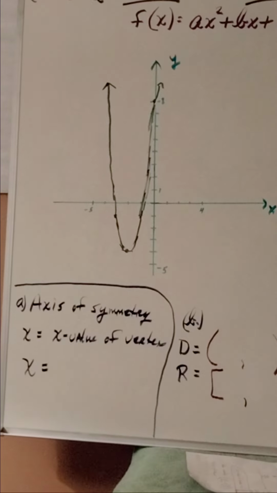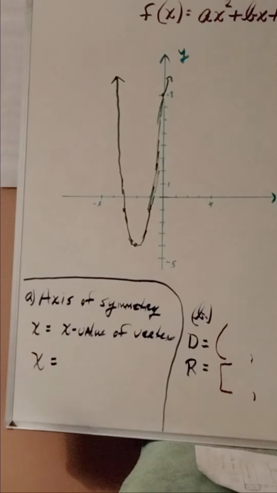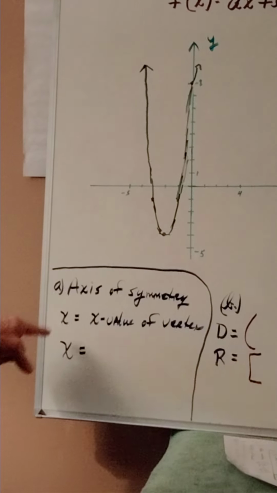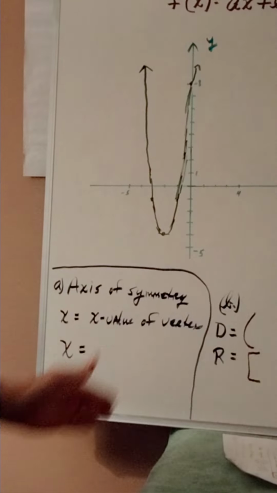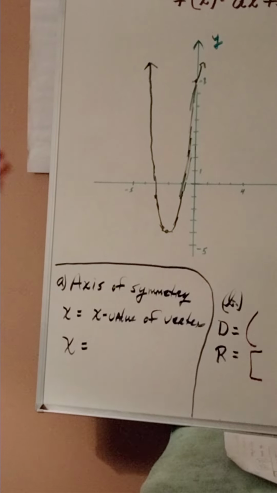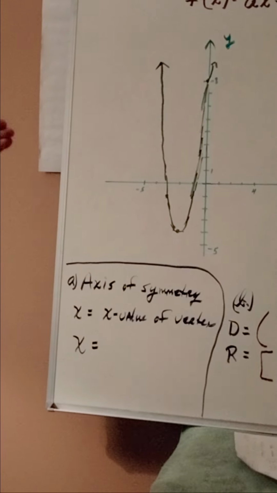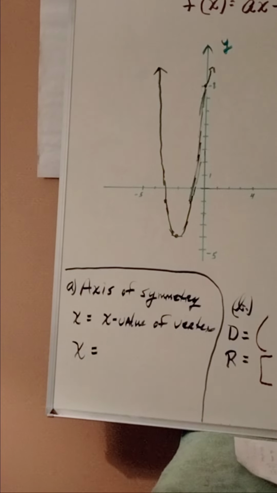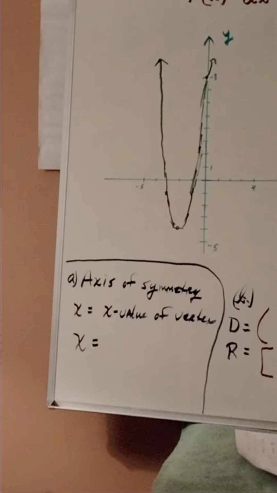I'm not going to make that dotted line there. I don't want to mess that up. But how do we write the axis of symmetry? Well, if it's an imaginary vertical line, the equation of every vertical line is x is equal to whatever the x value of the vertex is going to be.